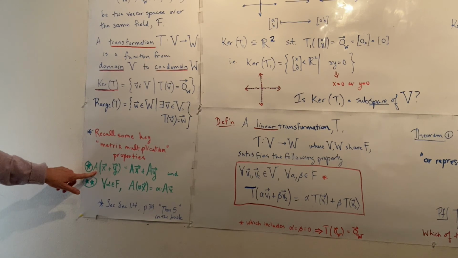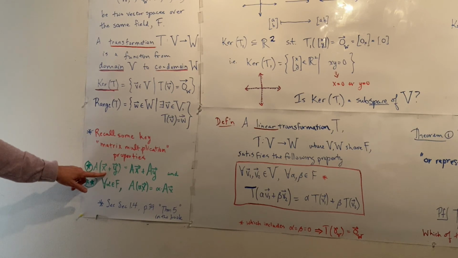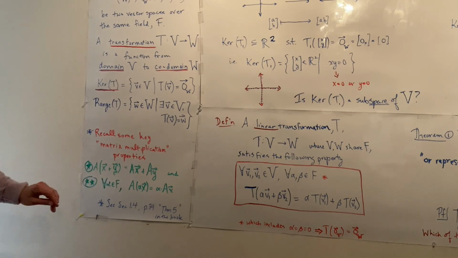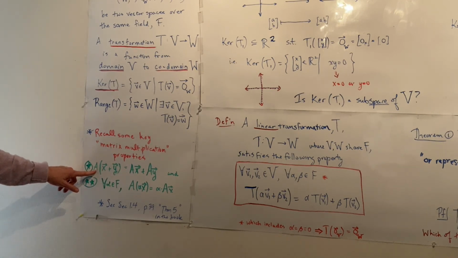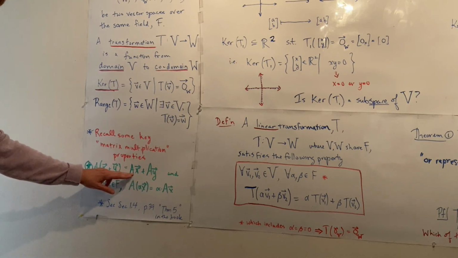If you have a matrix times a sum of two vectors, this is something in Rn. So if you have an Rn vector added to an Rn vector, which could be written as an n by 1 column matrix added to an n by 1 column matrix, that makes an n by 1 column matrix. And you can multiply it by an m by n matrix, right? But moreover, it satisfies this distribution. That is going to be the same thing as if you had done them singly, Ax plus Ay.